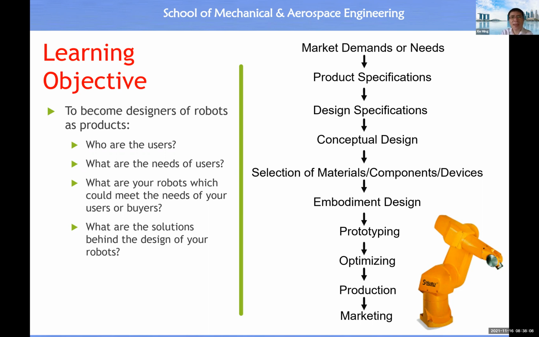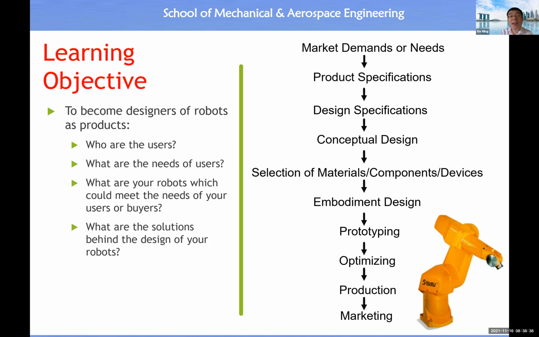The second scenario is the case in which you do not know any specific user, but you still want to design and produce a robot as a product. And once you reach the stage of marketing and sales, you would like to sell your robot or your product to as many buyers as possible.